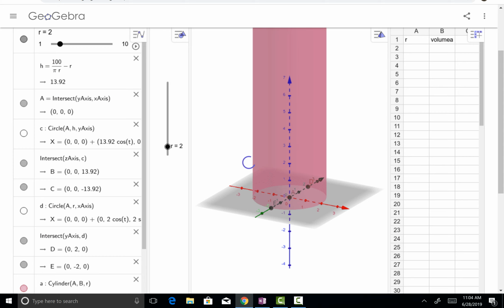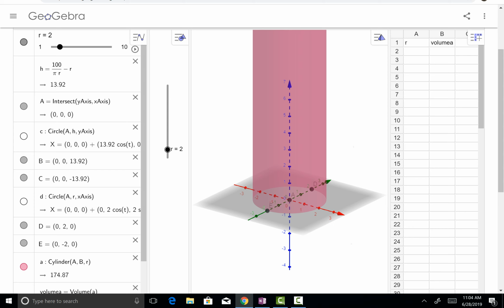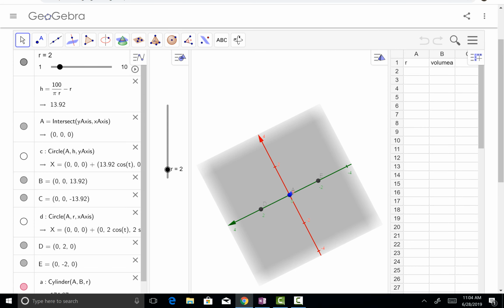Again, it's coming down to production, right? So if we have some sort of cylinder that we're going to make and a certain amount of material to make it from, we want to fix that so our cost stays the same, but we want to maximize the volume. So here's my cylinder, and right here, oops, that was not good.